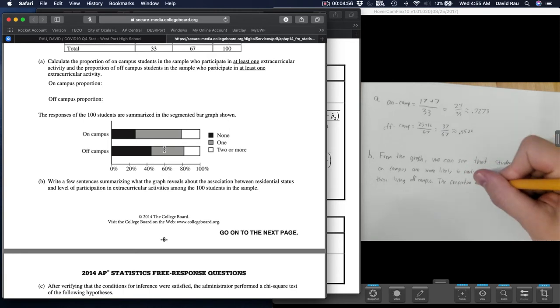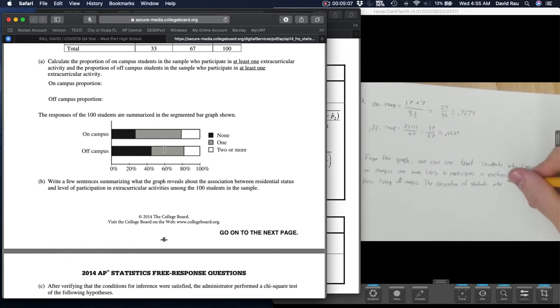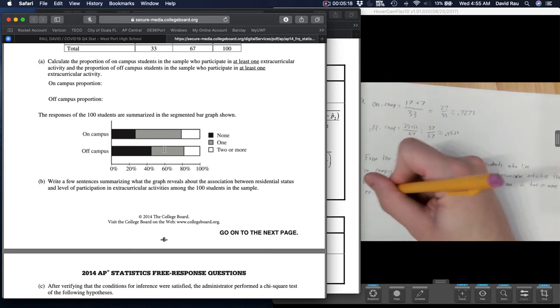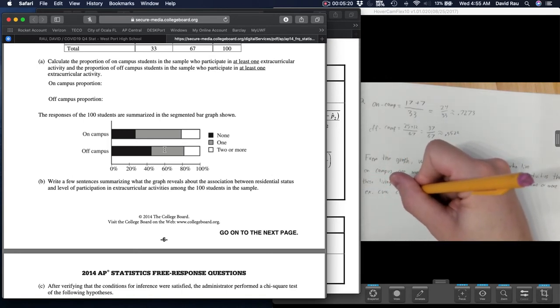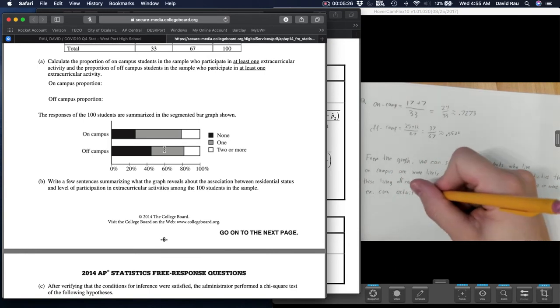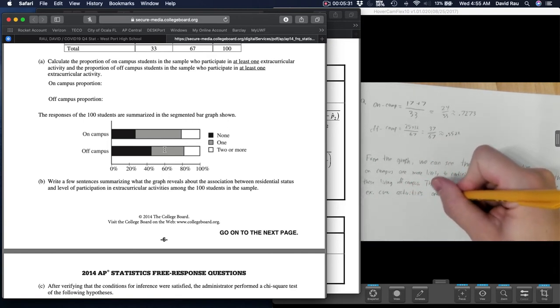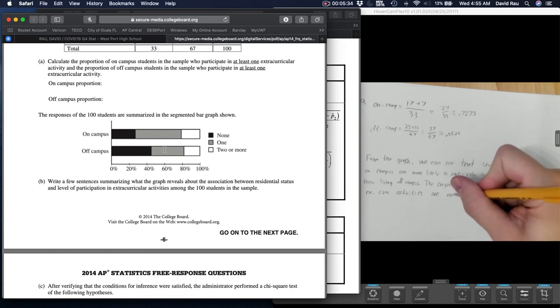The proportion of students who are in 2 or more extracurricular activities are, I'll say, roughly proportional.